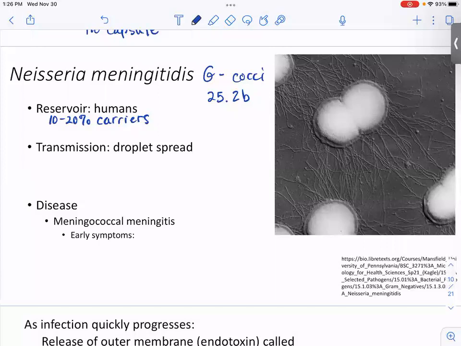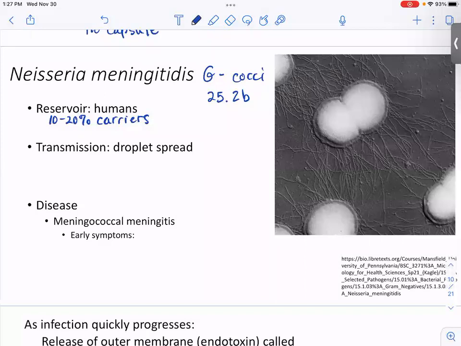For reasons that we don't understand, maybe it's not replicating enough, and it doesn't necessarily make us sick. But sometimes that normal microbiota, for reasons that we don't understand, will invade the bloodstream and then target the meninges, which are actually 3 different membranes that cover our brain and spinal cord.